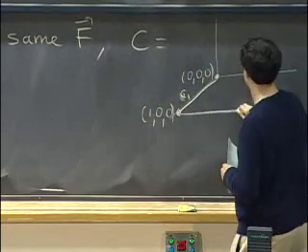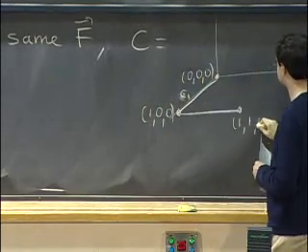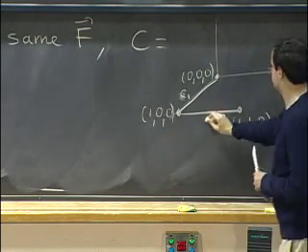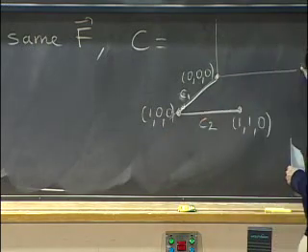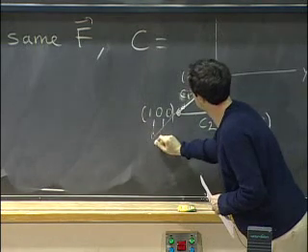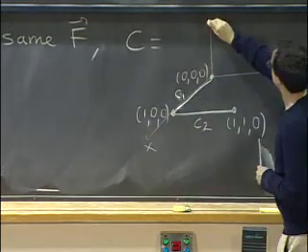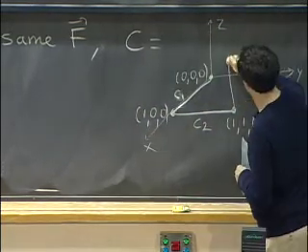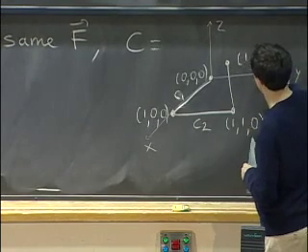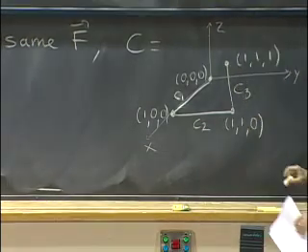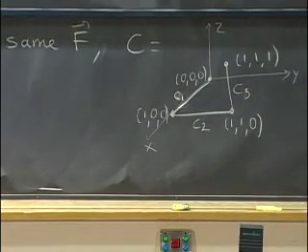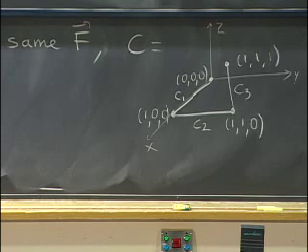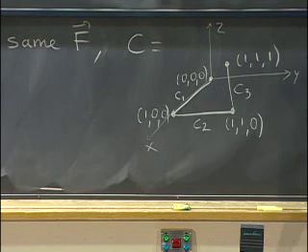Then to 1, 1, 0, let's call that C2, by moving parallel to the y-axis. And then up to 1, 1, 1, parallel to the z-axis. Let's call that C3. Okay. I'm sure that some of you at least are suspecting what I'm getting at here, but let's not spoil it for those who don't see it yet.